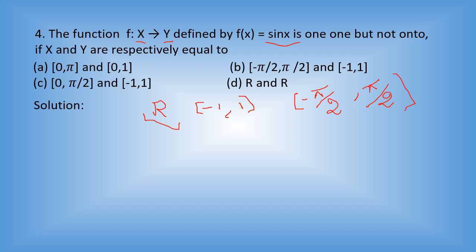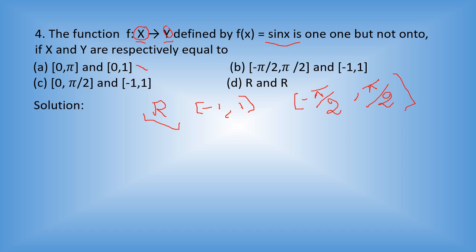And onto means for every element y belonging to Y, there exists an element in X such that f of x is equal to y. So if the entire codomain set is equal to the range set, then we say that the function is onto here. So this is not the case.